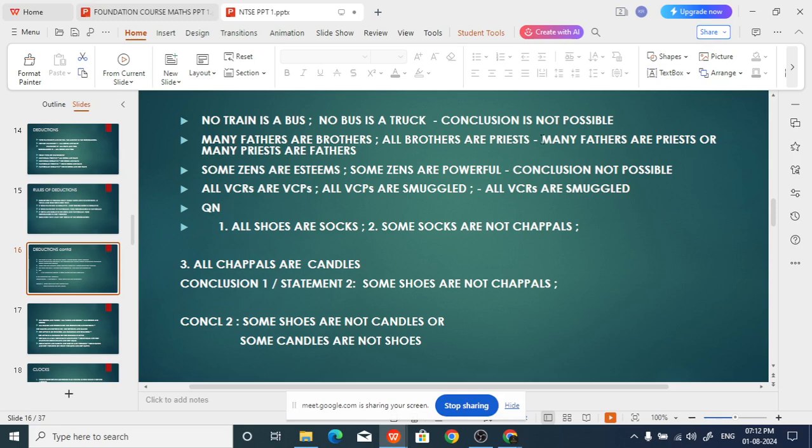But if both statements are universal, for example the fourth one, all VCRs are VCPs, all VCPs are smuggled, both are universal positive. So here only one conclusion is possible. There are no two conclusions here. Why no two conclusions? That I will explain later.